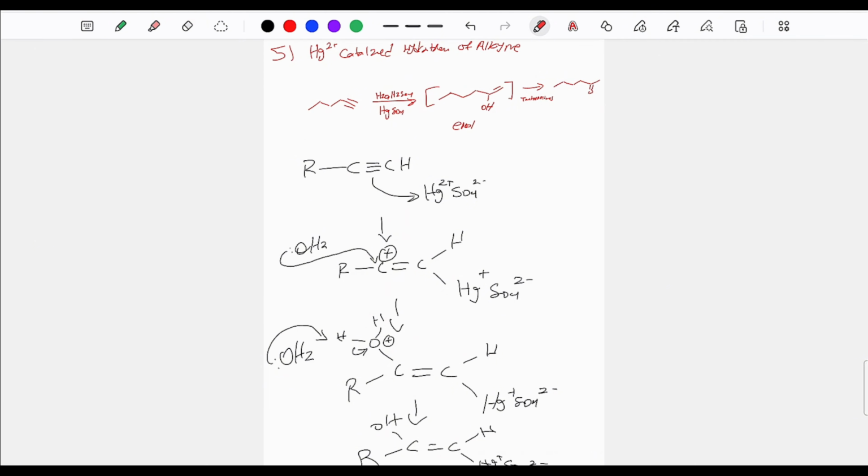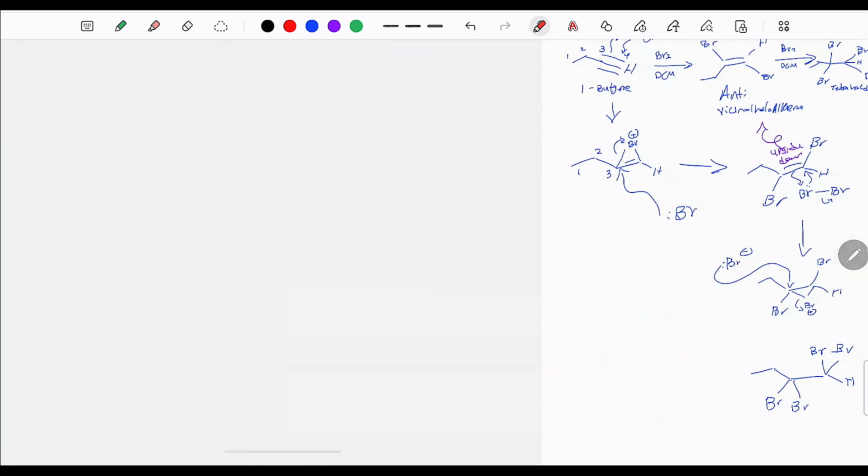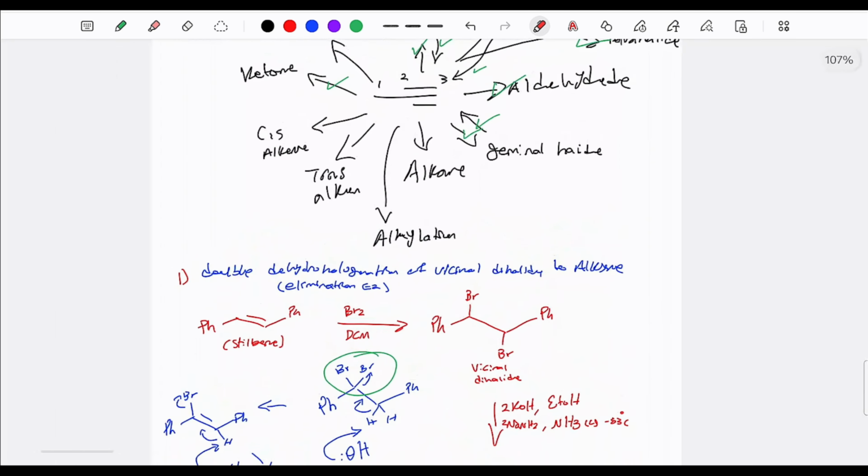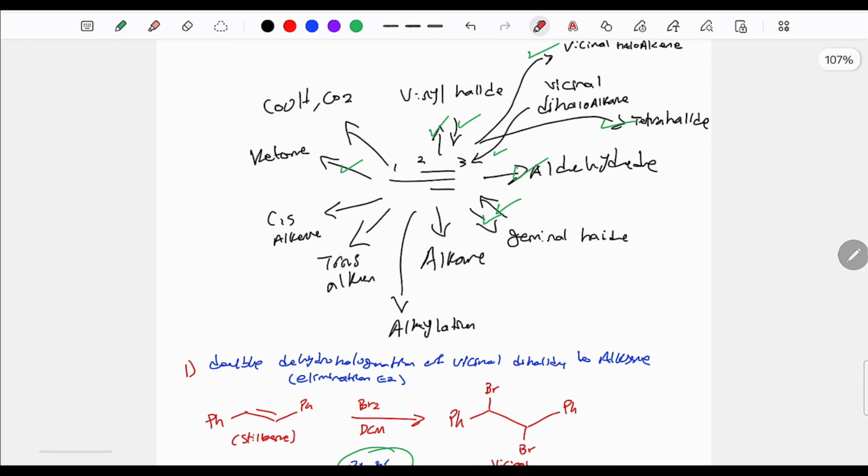That gave me a ketone, right? By keto-enol tautomerization. And we can make a ketone or an aldehyde from an internal or terminal alkyne by way of hydroboration oxidation. Okay? So again, many ways of doing things, and we still have a couple more left.